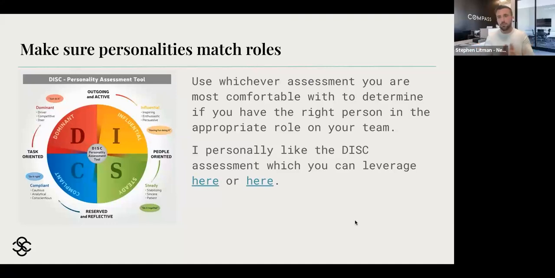I like the DISC primarily because it's just pretty simple. And I think it gets you in the zone of what we need to get from this profile. But I like using personality profiles in the process of hiring because it gives you a better idea of how to communicate and where someone's baseline will ultimately be in time.